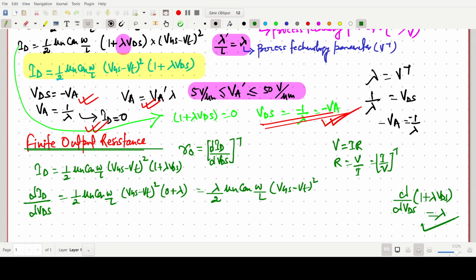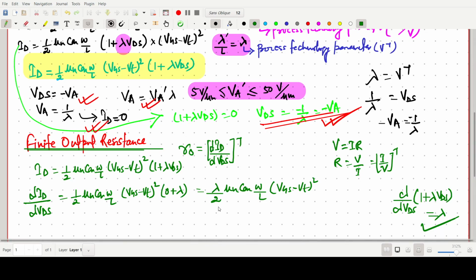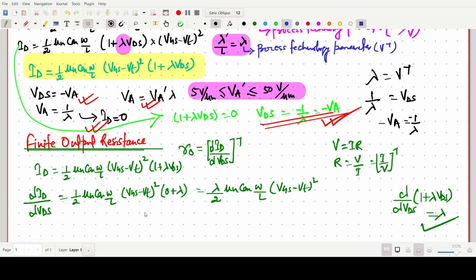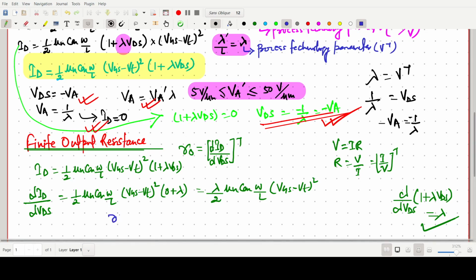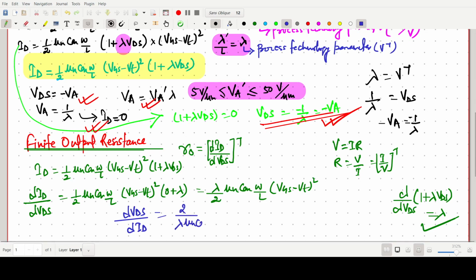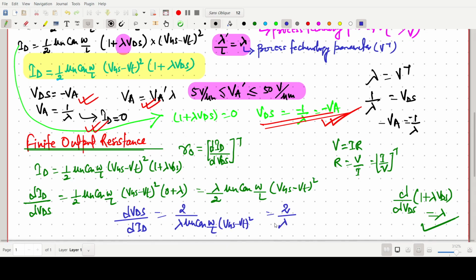So now one can write del ID by del VDS, or simply, if we write this as a, dVDS by dID equals 2 by lambda mu n Cox W by L (VGS minus VT) whole square, or we can write it as 2 by lambda into ID, the drain current equation. 2 by lambda ID.